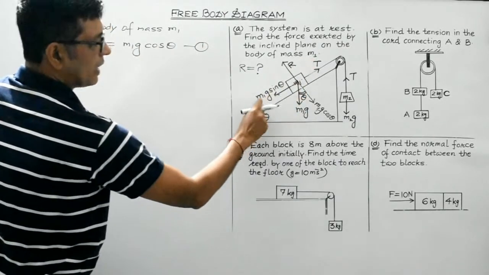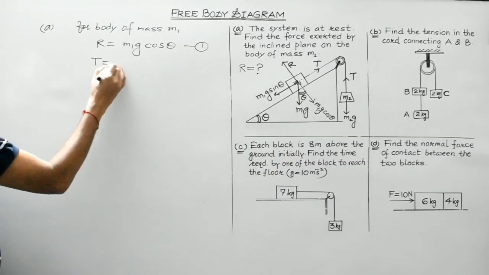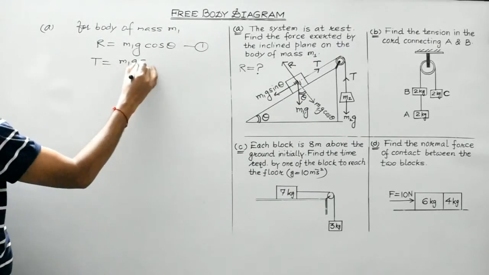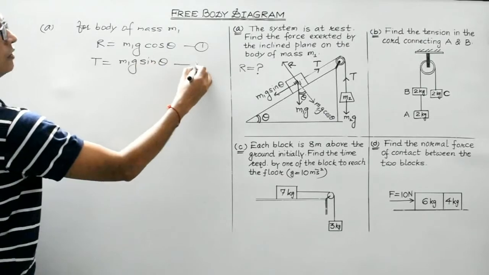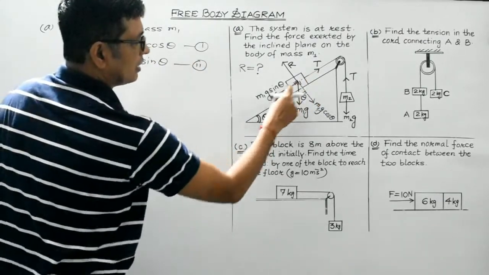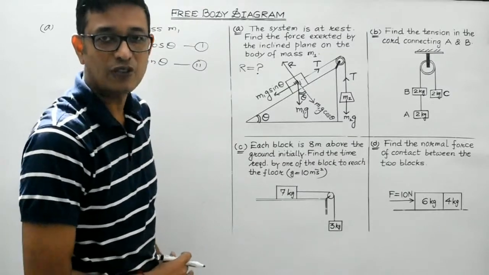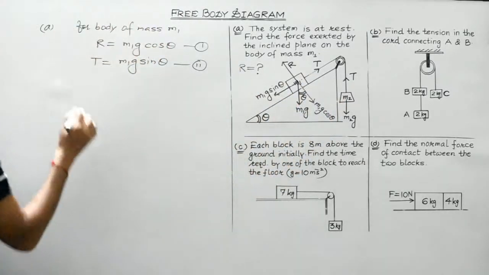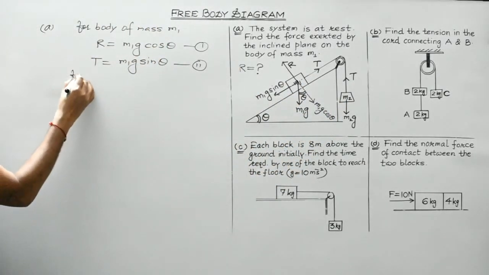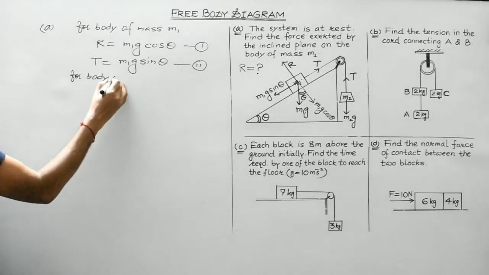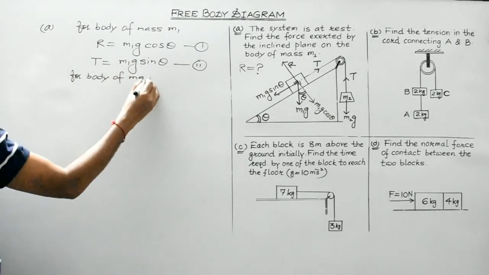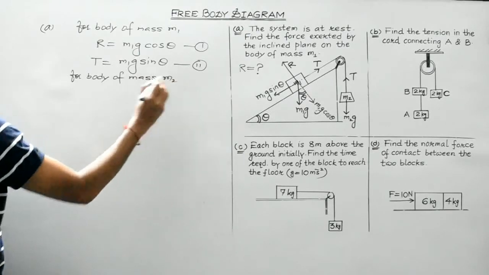This is equation 1. Also T must be balancing m1g sin theta, this is equation 2. So these are the pair of forces which must be balancing or cancelling the effect of each other.